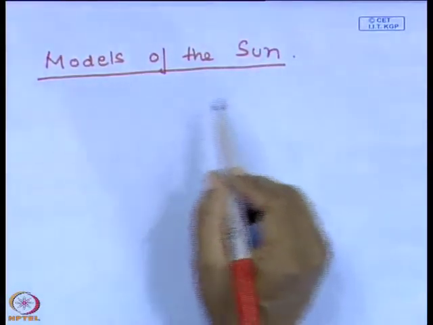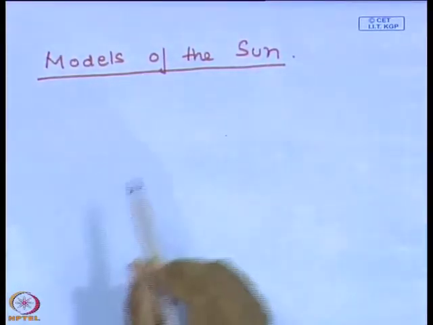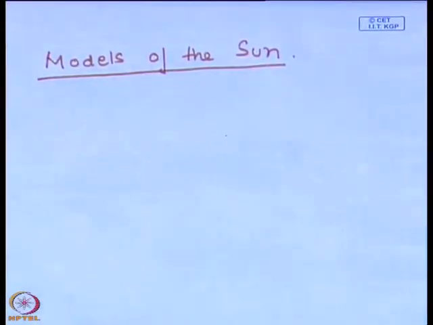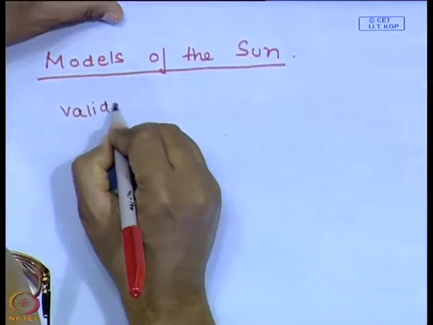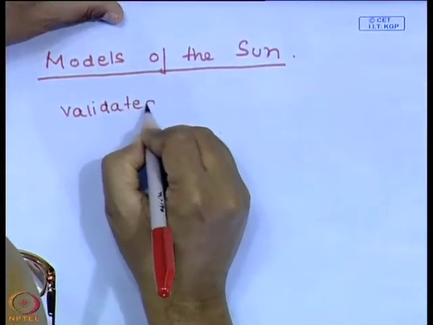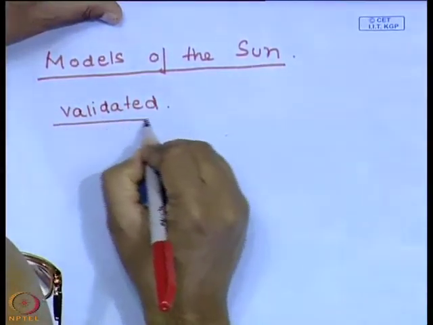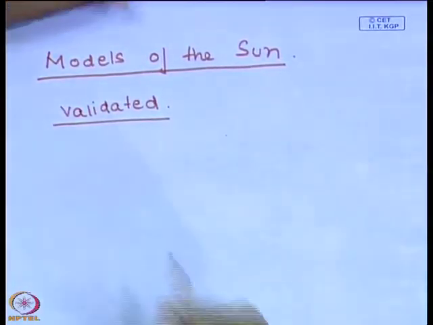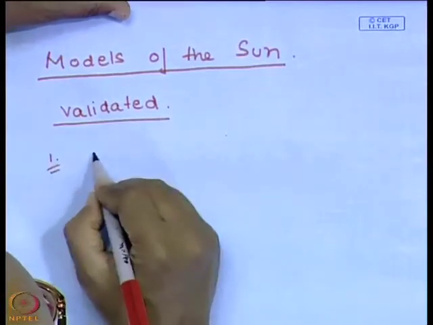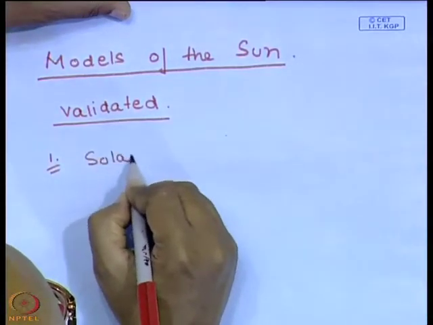So, you have now models which are reasonably believed to be correct. These models have been validated mainly against two kinds of very precise observations. One are the solar neutrino observations.